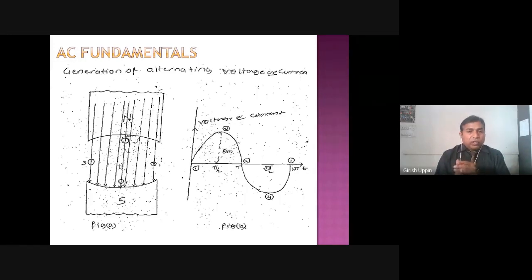If you know the direction of motion, which direction the conductor is moving, and if you know the direction of the flux, then you hold the thumb, forefinger and middle finger at 90 degrees to each other.